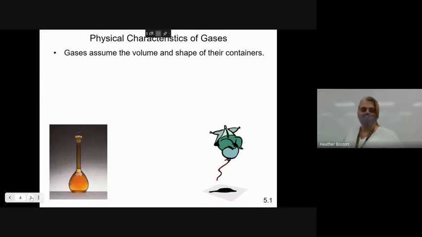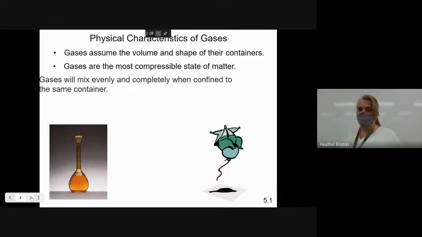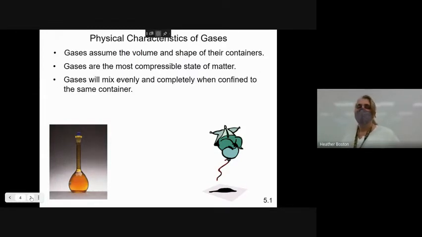Okay, characteristics of gases. Gases assume the volume and shape of their containers. They're the most compressible state of matter. So solids and liquids have a specific volume, whereas gases do not have a specific volume. They will mix evenly and completely when confined to the same container.